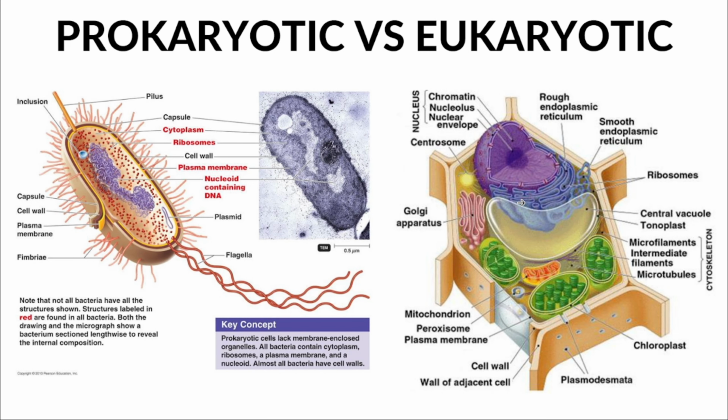Now we proceed to prokaryotic cells and eukaryotic cells. In SPM, I think you only learned about eukaryotic cells, the differences between animal cells and plant cells.